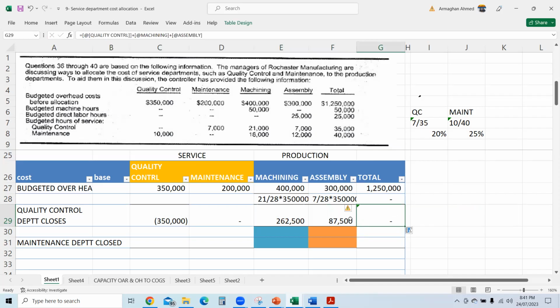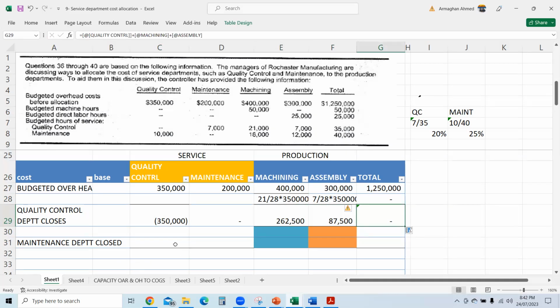Yes. So this is what we allocated. The quality control costs have been allocated to machining and assembly, and the net effect is 0, because minus 350 and plus 350 net to 0.